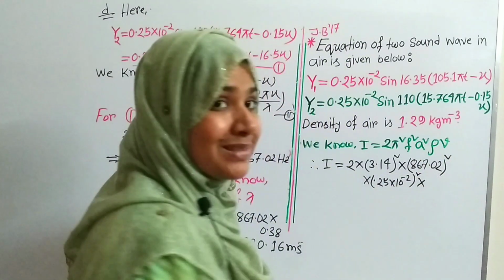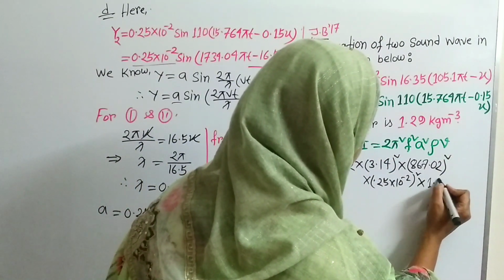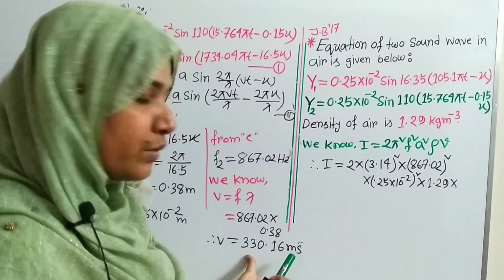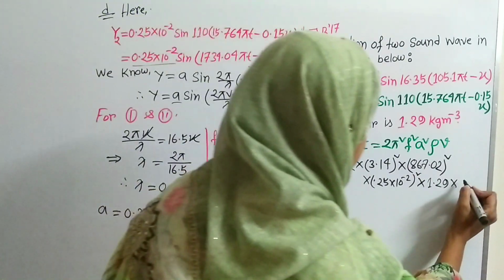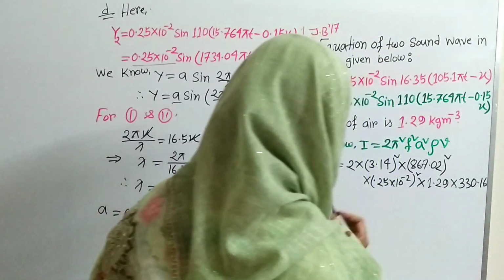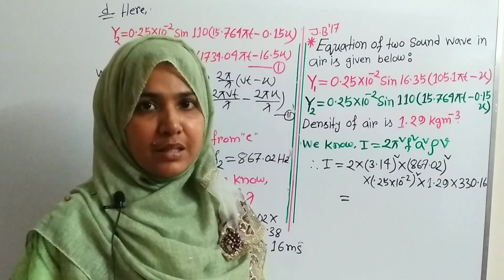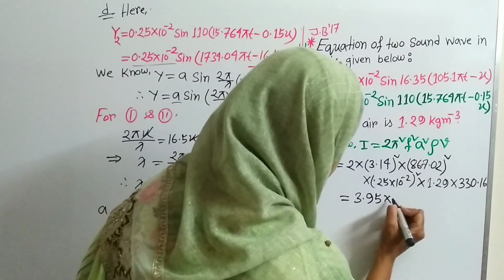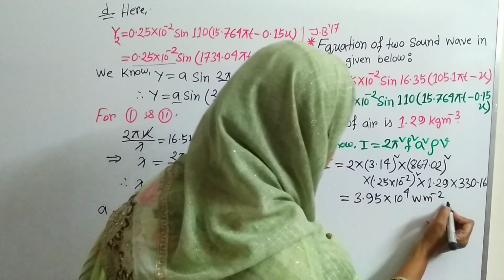Now rho means the density, and density of air is given here as 1.29. Now V means the velocity of sound, and the velocity of sound is 330.16. So after calculating it, you will get the value of intensity is 0.95 into 10 to the power 4 watt per meter square.